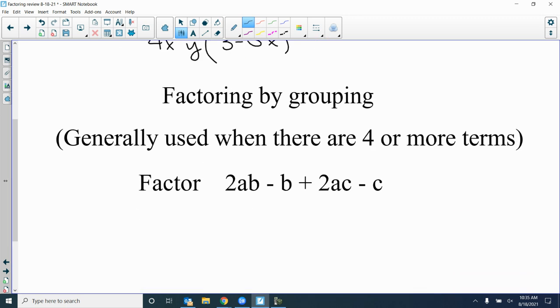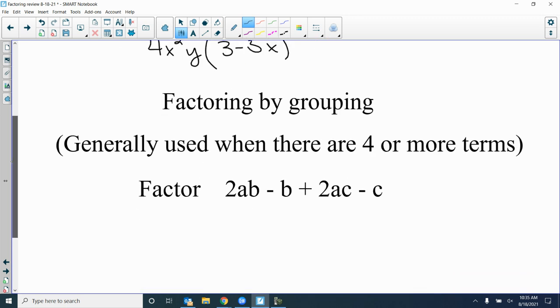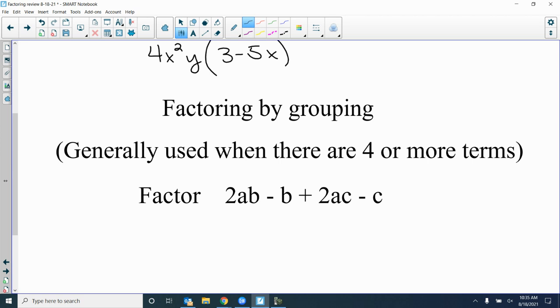Next thing that we've got to make sure we're good on is factoring by grouping. Grouping is typically when there are 4 or more terms. So go ahead and copy down: factor 2ab minus b plus 2ac minus c.